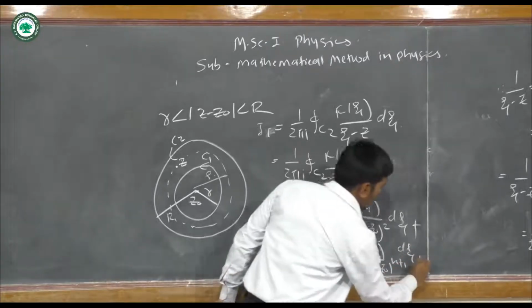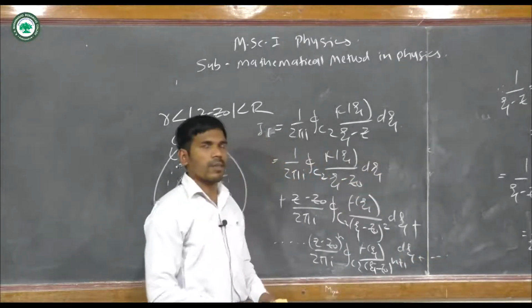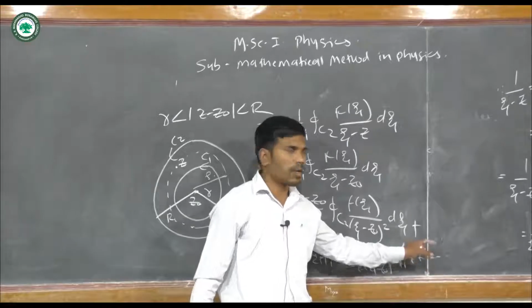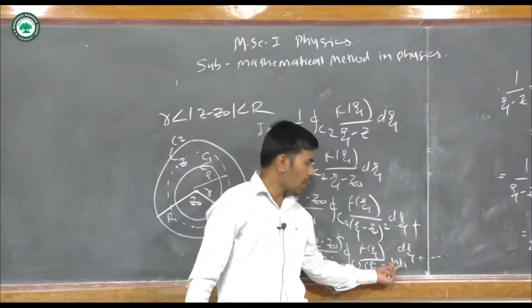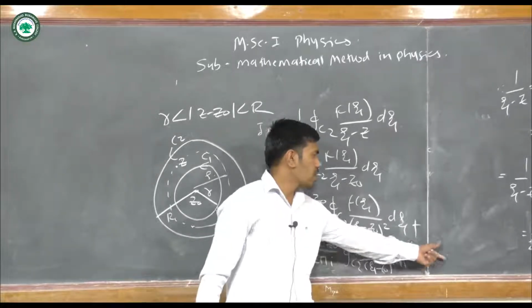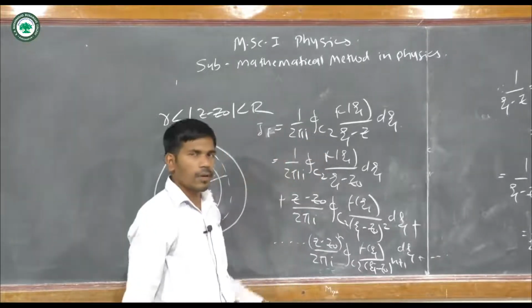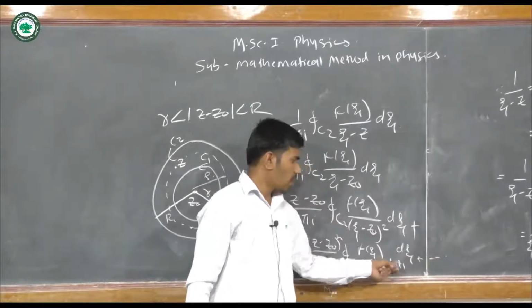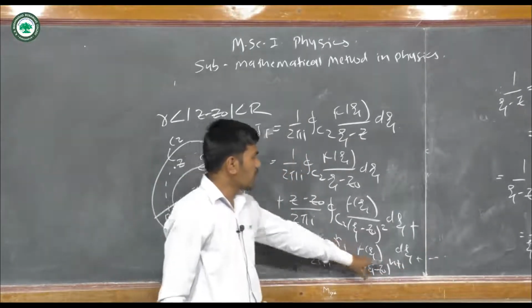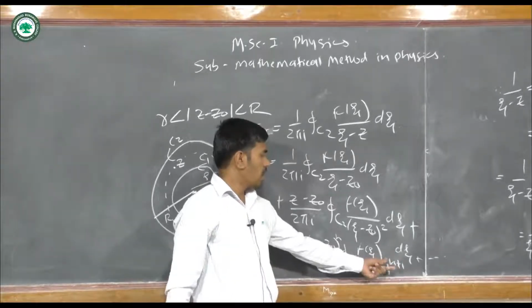Okay, and another term is also present here, that term is called the remainder term. But if this n approaches infinity, then this remainder term is equal to 0. Okay, so we are not considering that term. We are just considering up to the n plus 1.